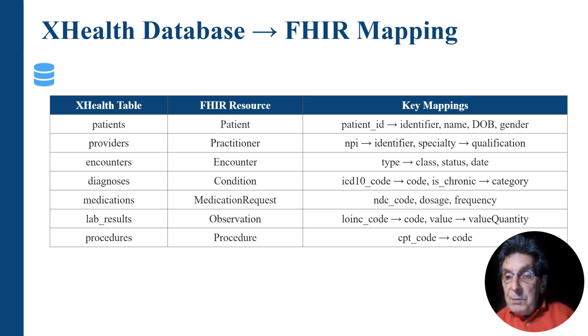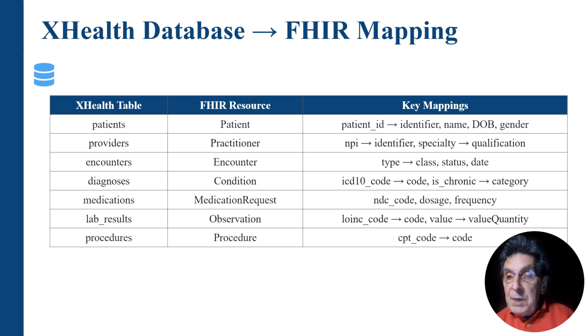The medications table maps to medication request. The NDC code maps to code with the NDC system. And the lab results table maps to observation. The LOINC code maps to codes within the LOINC system. The result value maps to the value quantity in the FHIR system.